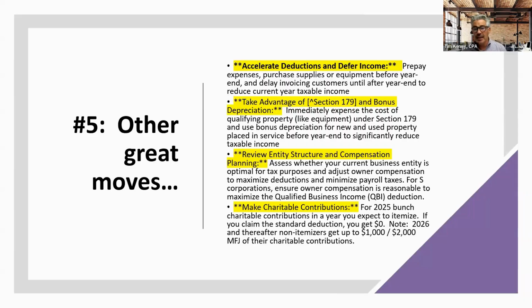Now, in 2026, under the new tax bill that passed in July, there is something for non-itemizers, in that even if you take the standard deduction as an individual, you can deduct up to $1,000 of your charitable contributions, and married filing joint up to $2,000. So that's a nice improvement for the standard deduction folks.